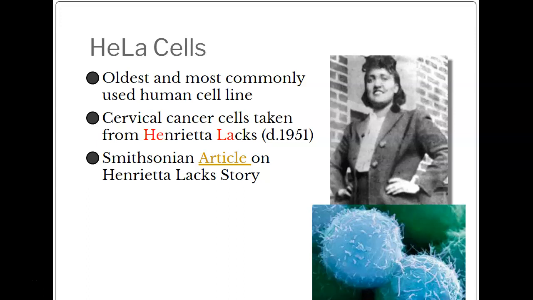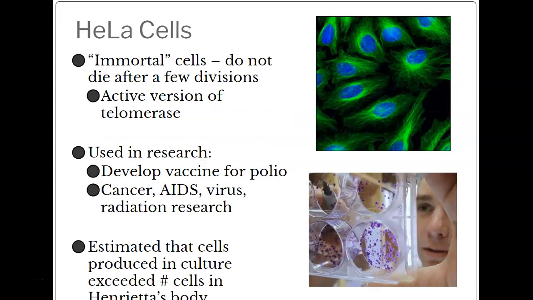But they actually took them without her knowledge and put them on a petri dish and really have been growing them ever since. And they have all kinds of crazy number of chromosomes because they've been dividing since the early 50s, and they're still being used today. And the book is called The Immortal Life because cancer cells are basically immortal. They don't die when they normally would.